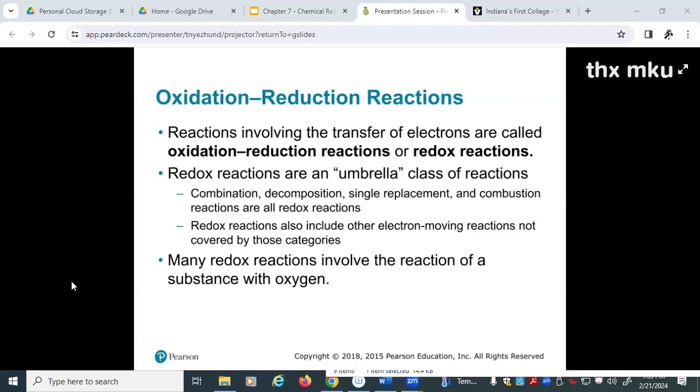So the question becomes, how do I identify these kinds of reactions? What do I need to look for? Well, if I can identify any of those 4 categories, I know it's redox automatically. But what if it's not one of those 4 categories? What are some things that we can look for?